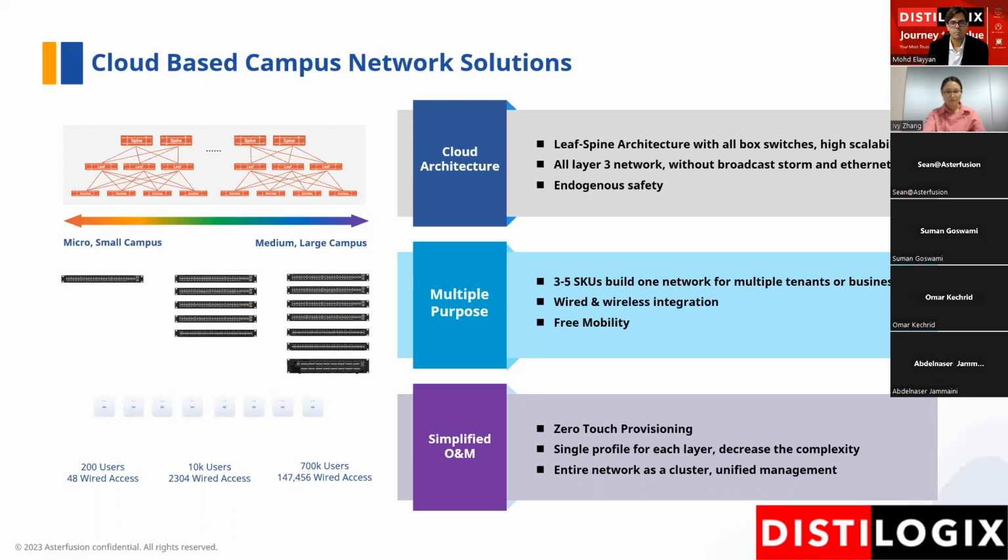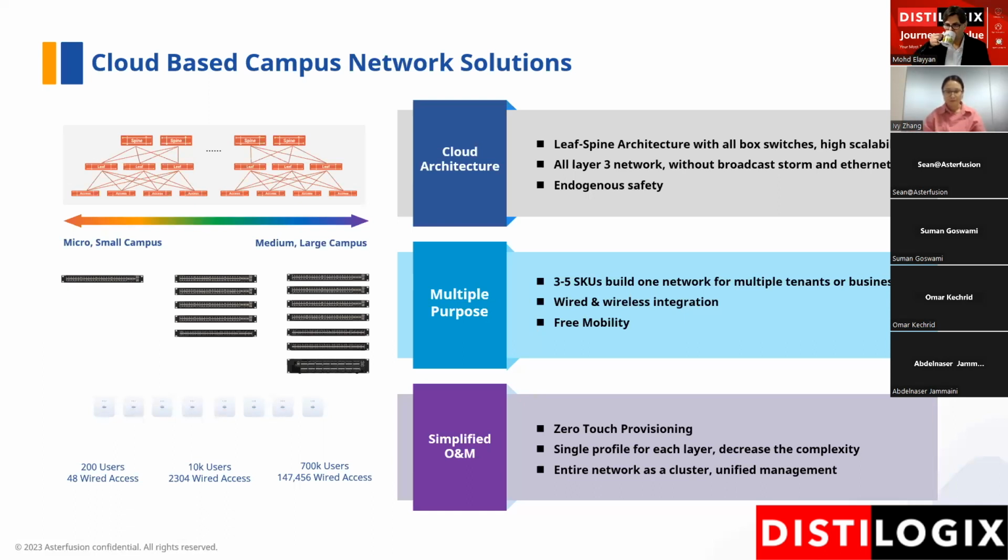We use an all layer 3 network in the campus solution. Each layer of the network is working as a BGP AS, and the broadcast domain is terminated in the access ports. So there is no concern about the broadcast storm and the Ethernet loop. We can use 3 to 5 SKUs to build a large-scale campus network.